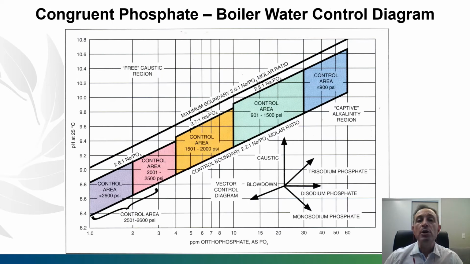So this is the typical diagram for congruent phosphate for the internal boiler water control, chemical control. And what we see by this diagram is that we have little boxes, and we must keep our internal water in the boiler between those boxes for a given pressure range.